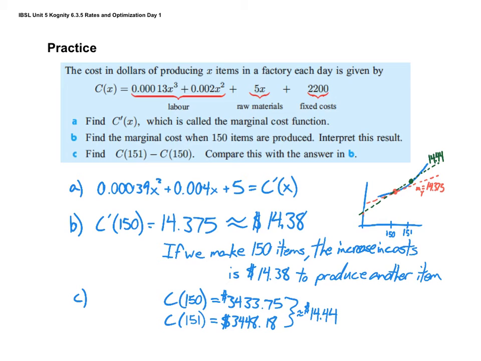Just slightly different, but again, it's the difference between instantaneous and average. Thinking all the way back to the first day we did derivatives, the difference between the slope of a secant line and the slope of the tangent line. So that's the difference there.